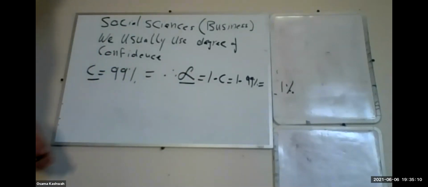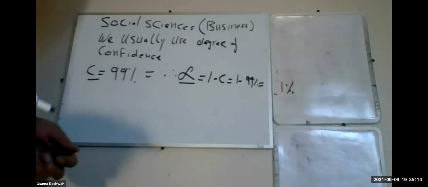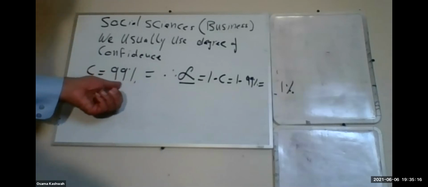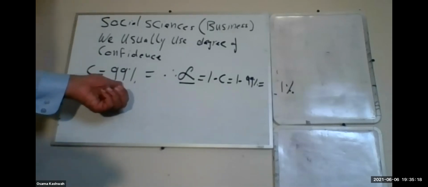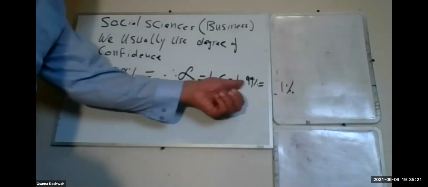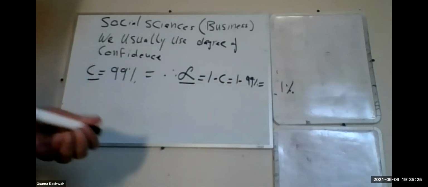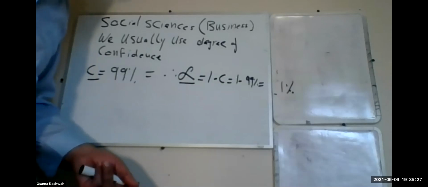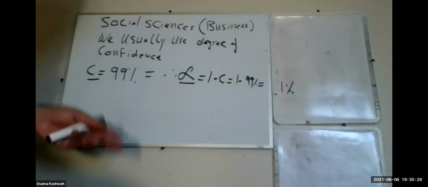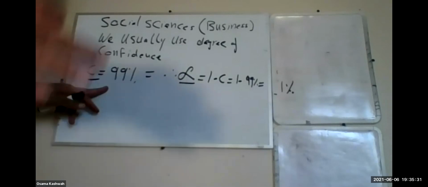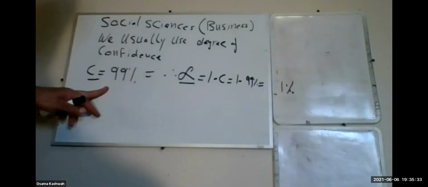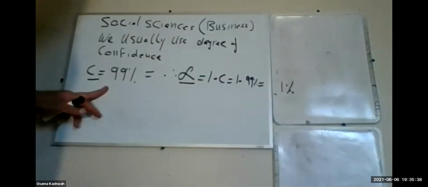The confidence means I'm sure of my results with 99%, and I'm not sure for only 1%. Let's say about the COVID now. When you hear that the degree of confidence of the COVID vaccination is 99%, it means they are sure 99% of the results of the vaccination, and that the vaccination will be good for the people.